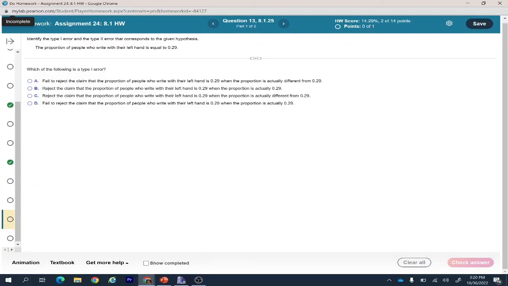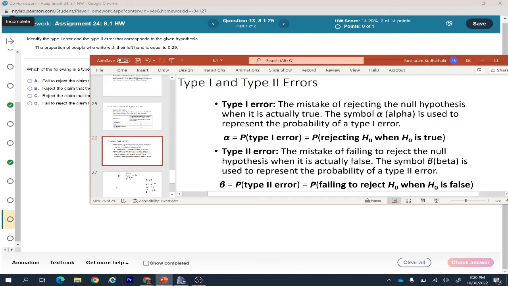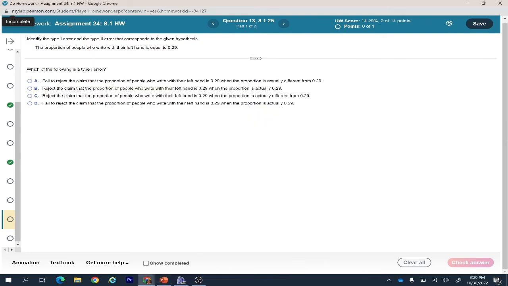Okay, identify the type 1 error and type 2 error. The proportion of the people who write with their left hand is equal to 0.29. Type 1 error is the mistake of rejecting the null hypothesis when it is actually true. So which one of these is the type 1 error? Rejecting the claim that the proportion of people who write with their left hand is 0.29 when the proportion is actually 0.29.